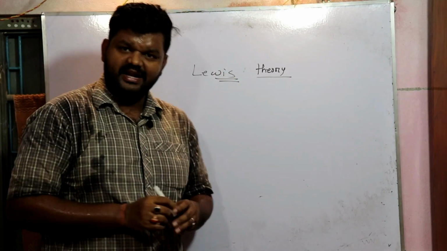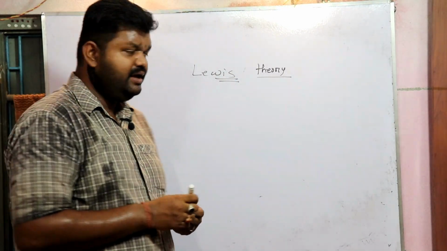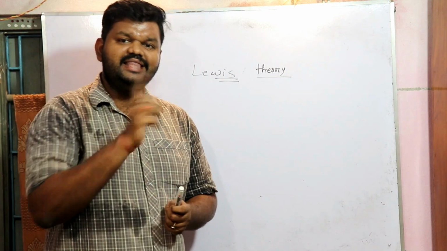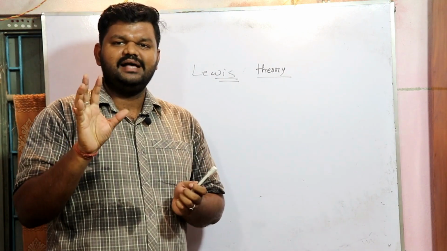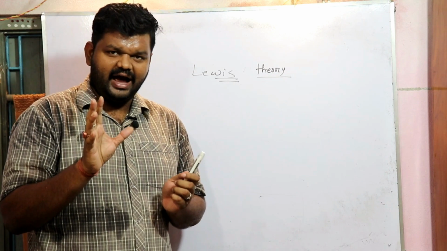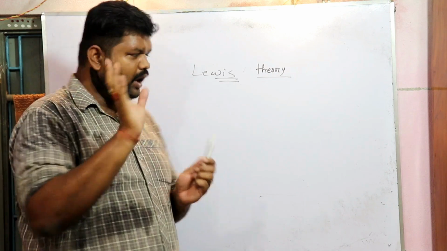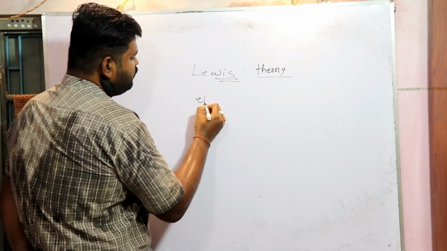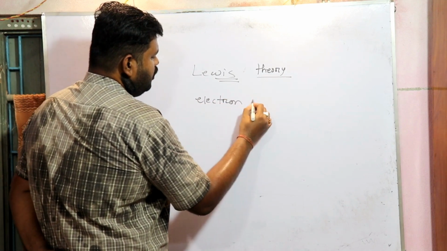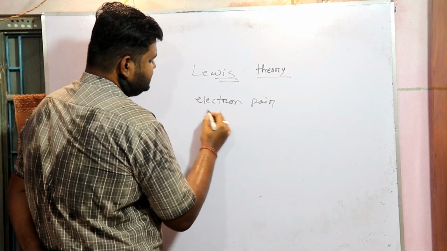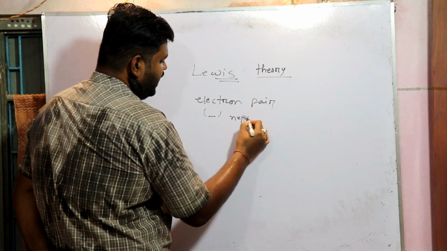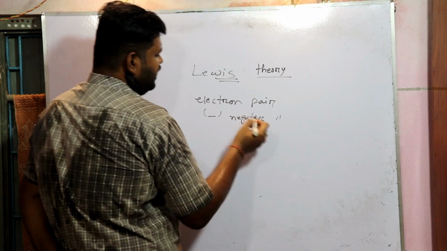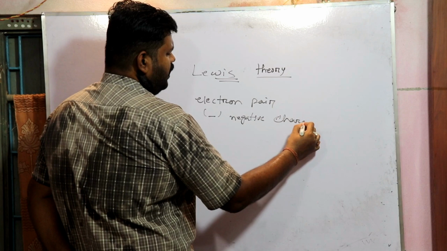So at first Arrhenius theory, after that Bronsted-Lowry theory, and after that Lewis theory. In this case, no H plus ion and no OH minus ion is under consideration. Only the terms electron pair or minus charge, that is negative charge, are under consideration. Okay, so what does it mean?